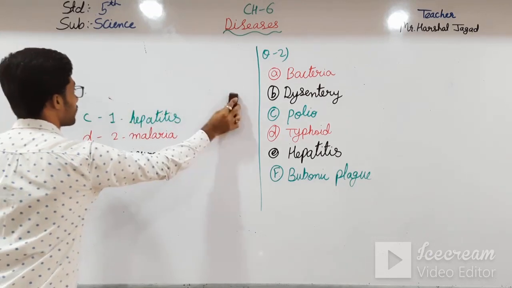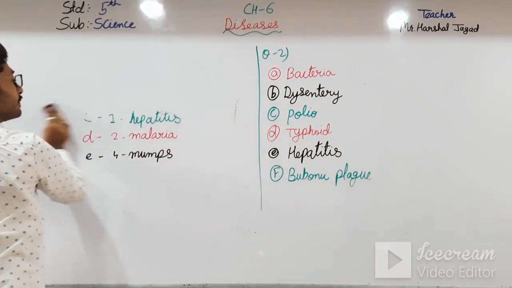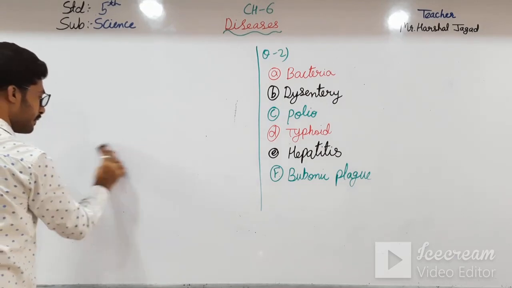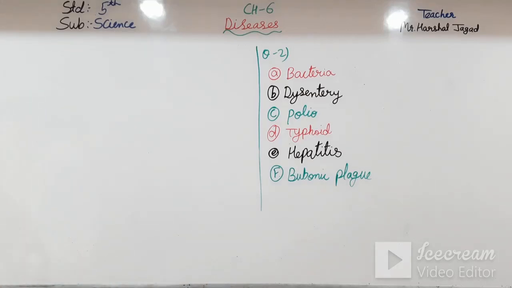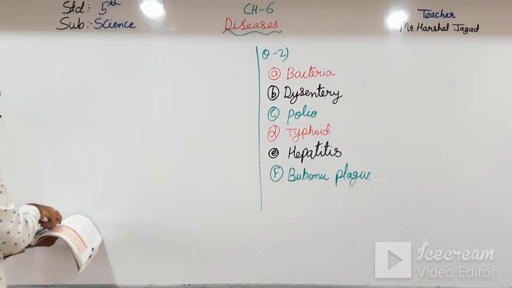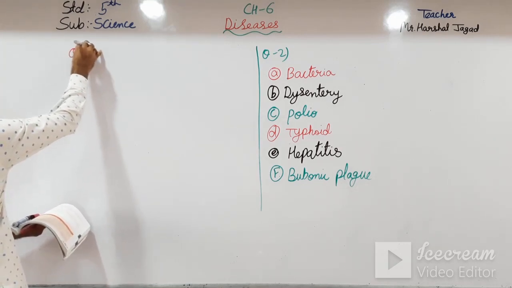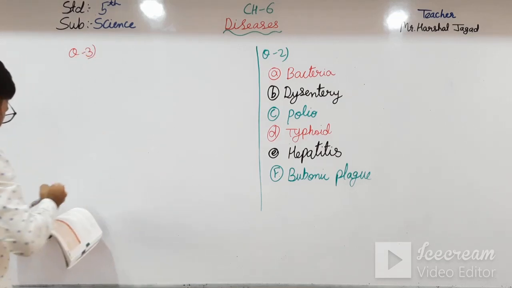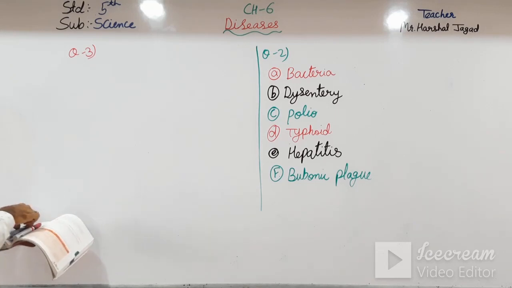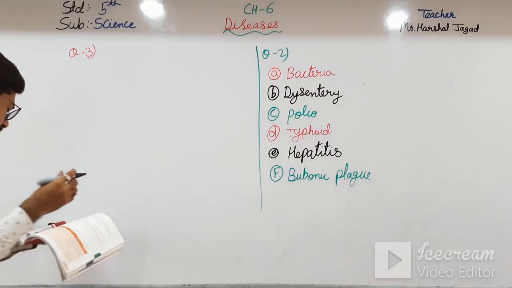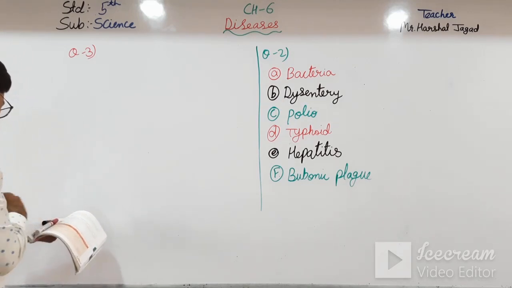That is fill in the blanks. So question number 3, fill in the blanks. The first one, diseases that spread by direct contact are called dash diseases.